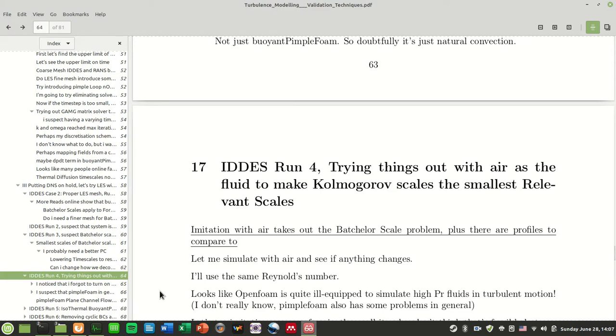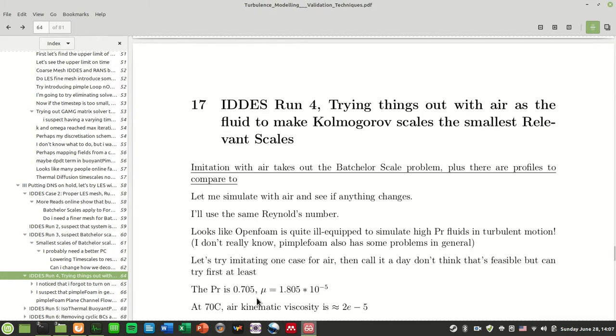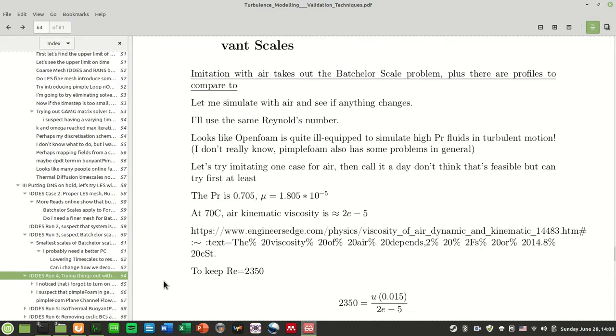My other way of dealing with this is to use air as the fluid. Air actually has a Prandtl number of less than 1, or 0.71. So the Batchelor scales are actually not as much of a concern in this case. If you use a fluid with Prandtl number close to 1, the Batchelor scales are on the same order of magnitude as the Kolmogorov scales.